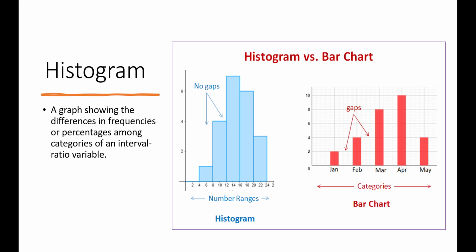And so what this histogram is representing is a graphical representation of interval and ratio level data. And you'll notice there are no gaps between each column, and basically it's representing the number of people who fall into that range down here. And in contrast to the histogram, if we look at the bar chart, you'll notice that there's gaps between each category.